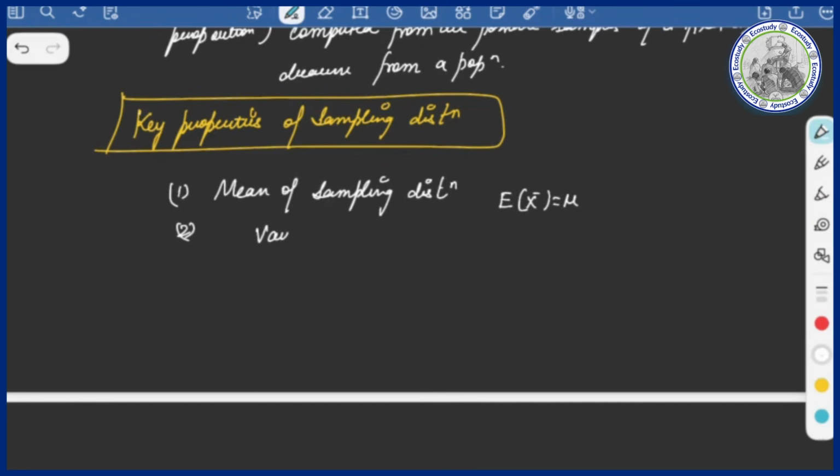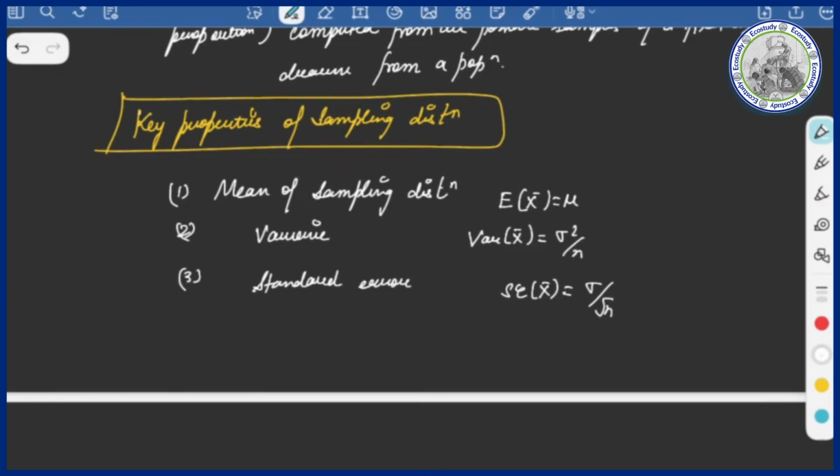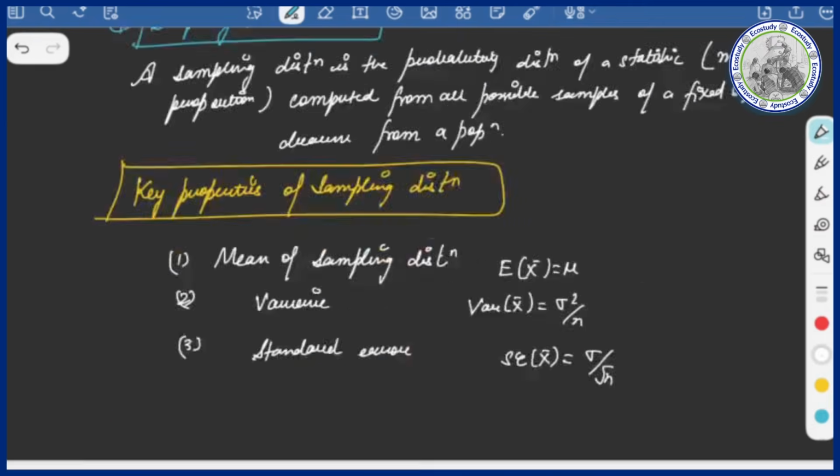Second is the variance, that is, the variance of x bar is equal to sigma square upon n. And third is the standard error, that is, the standard error of x bar is equal to sigma by square root of n. So these are some key definitions and terms for sampling distributions.